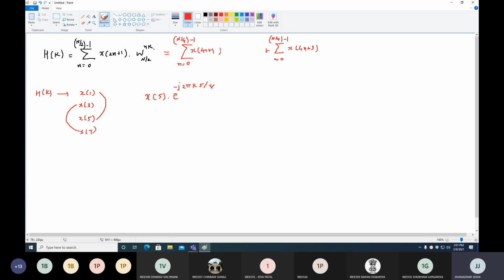Divide by 8. Okay. So this is equal to, this is in the original, right? In the original equation of the DFT, x of 5 was having this twiddle factor. Just make note of this thing.